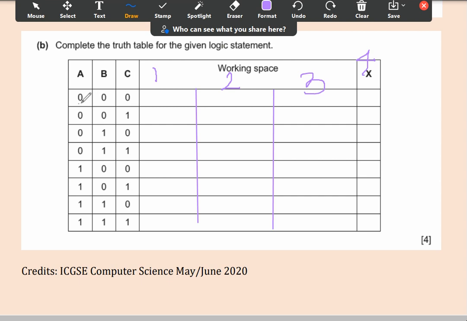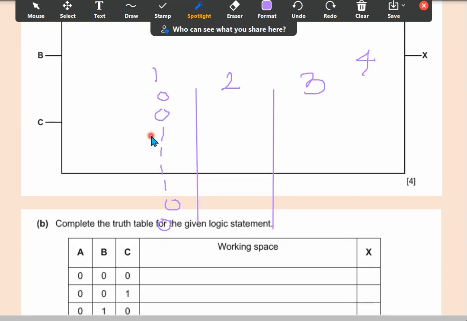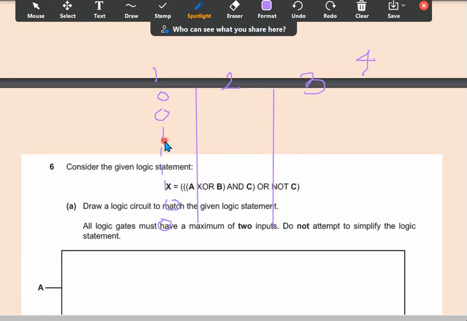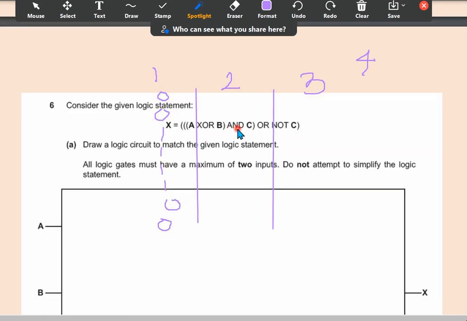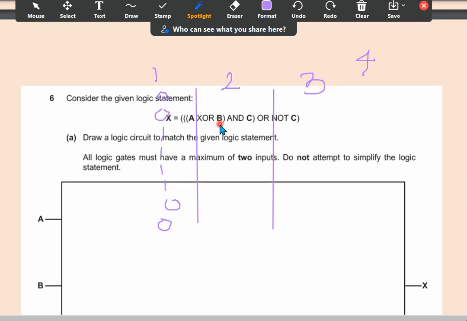So the first one, like sign, that's gonna be 0. Then like sign 0, like sign 1, like sign 1, like sign 1, that's 1, like sign 0, and then like sign also 0.